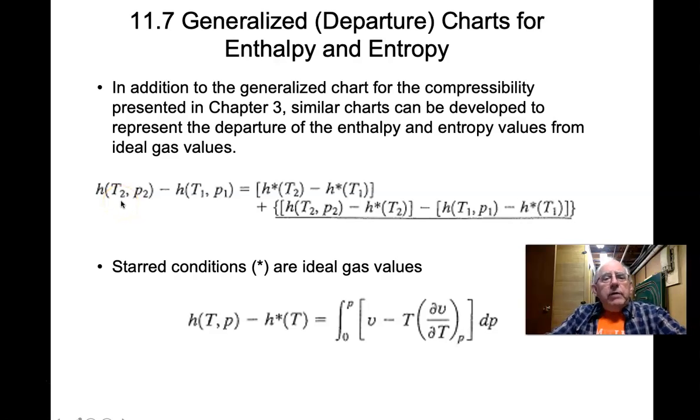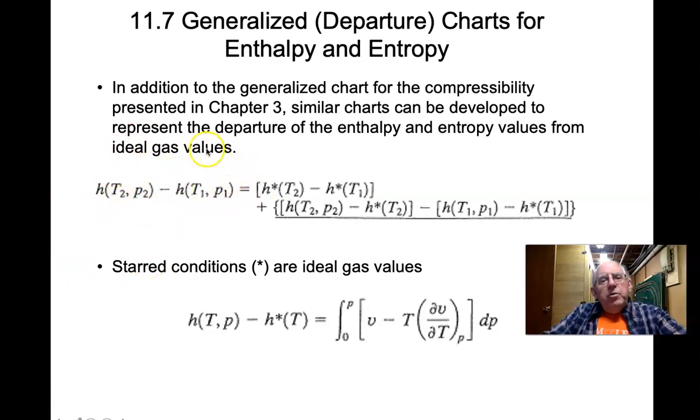Okay, for an ideal gas, we said one of the things that allowed us to use enthalpy was that for an ideal gas, enthalpy was only a function of the temperature of that thermodynamic state. But a real gas may have a pressure dependency.